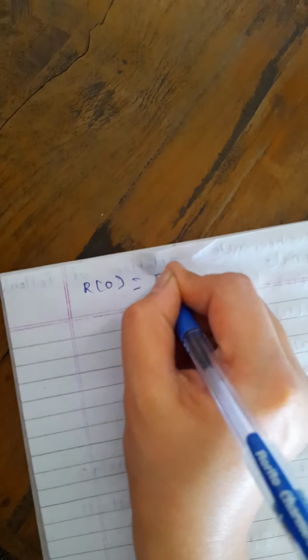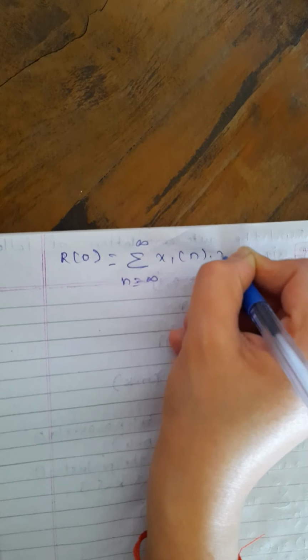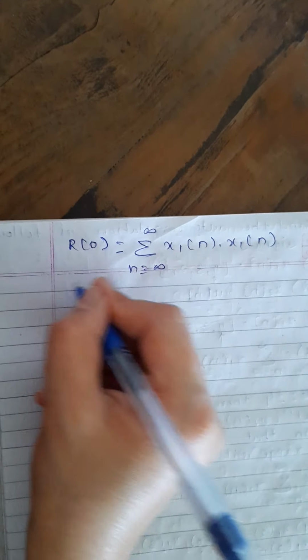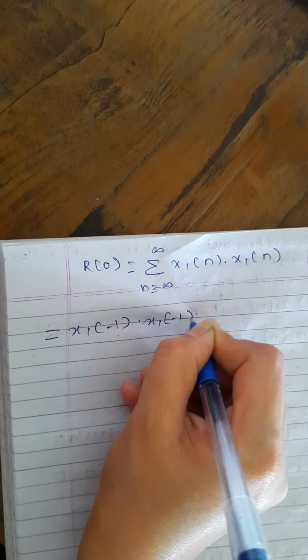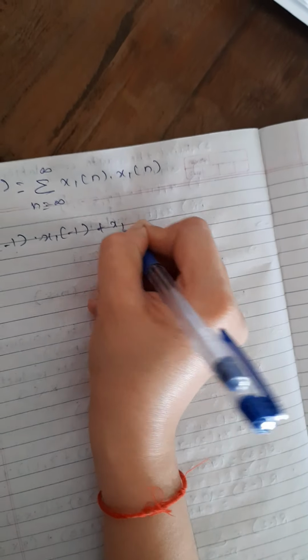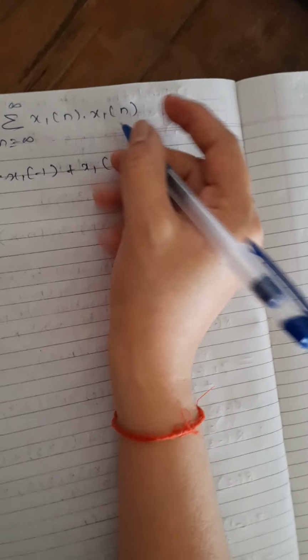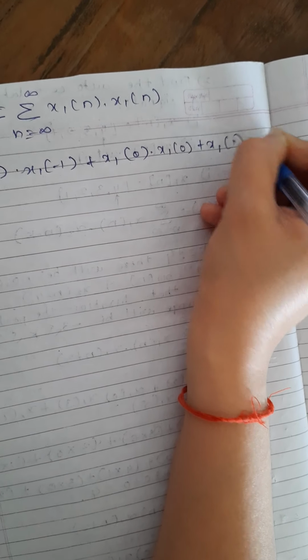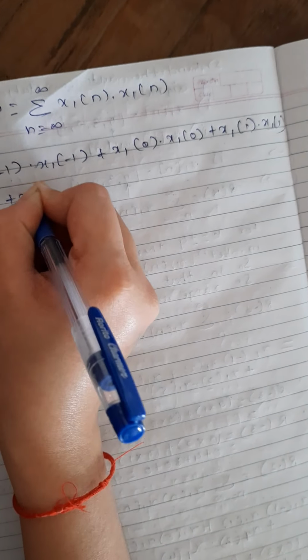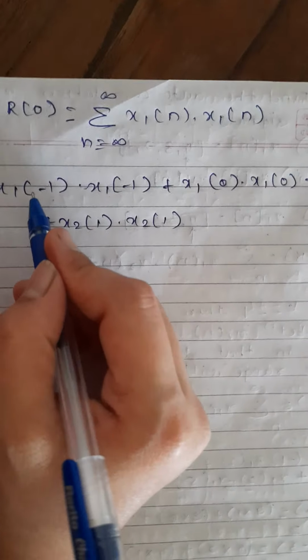So r of 0 is equal to summation n goes from minus infinity to infinity x1 of n into x1 of n. So here we write x1 of minus 1 into x1 of minus 1, here both n, plus x1 of 0 into x1 of 0, plus x1 of 1 into x1 of 1. So what is the value of x1 of minus 1?